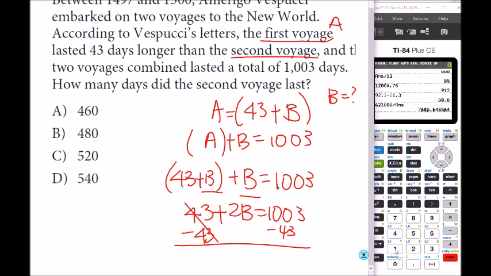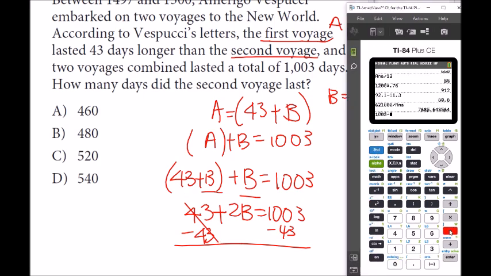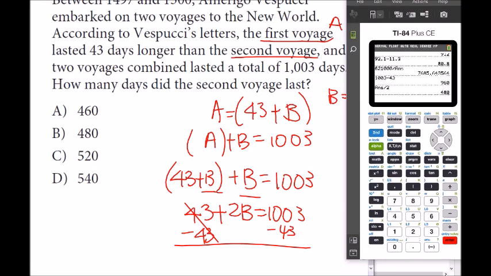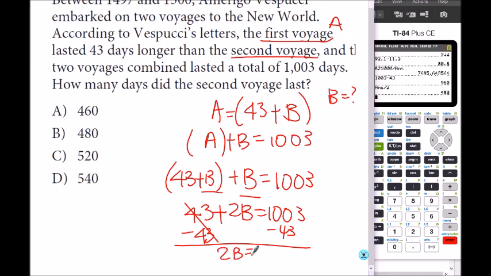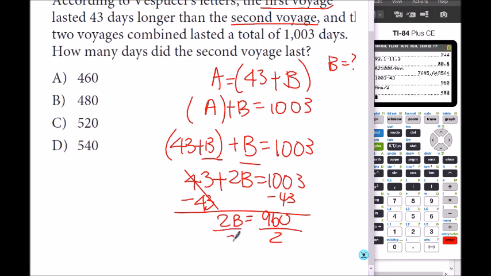So I get 2B equals 960, and I divide it by 2 to get B. So B equals 480, which is B.